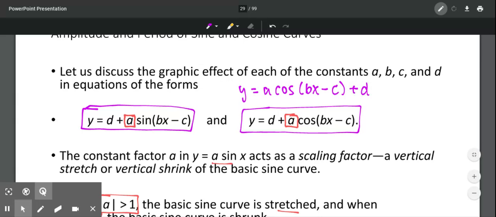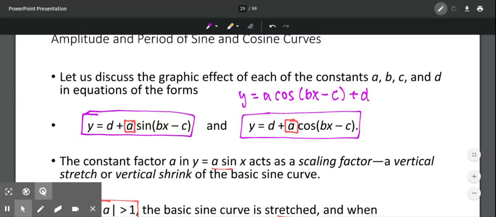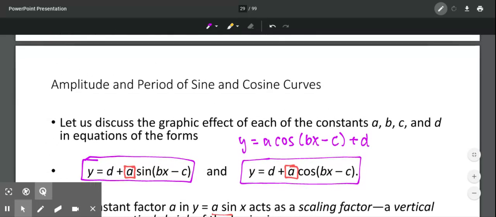And so then just to brainstorm real quick, let's just remember that your amplitude is the absolute value of A. Your period is going to be 2 pi over B.